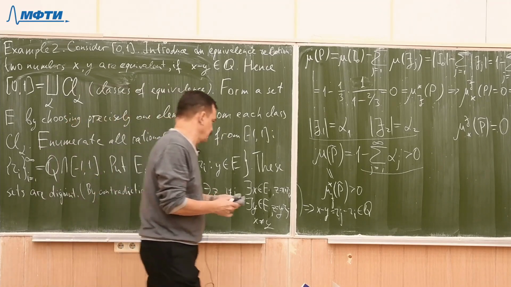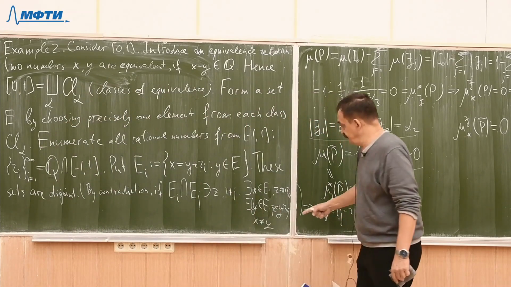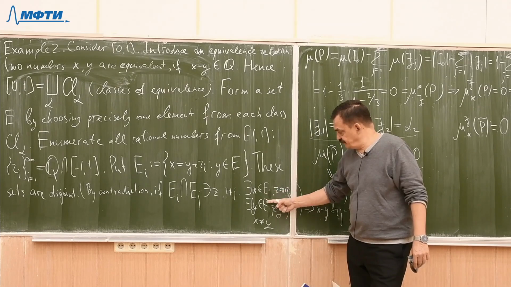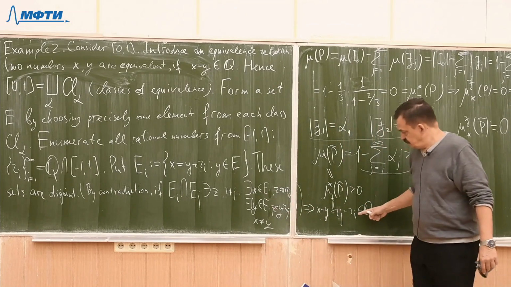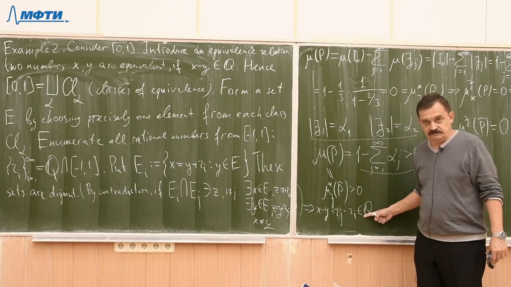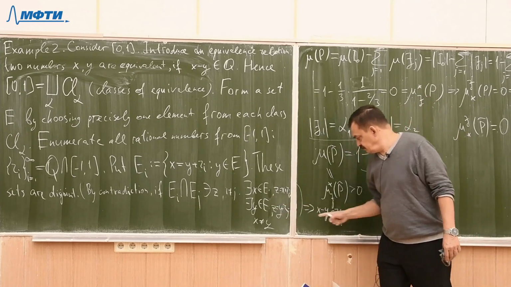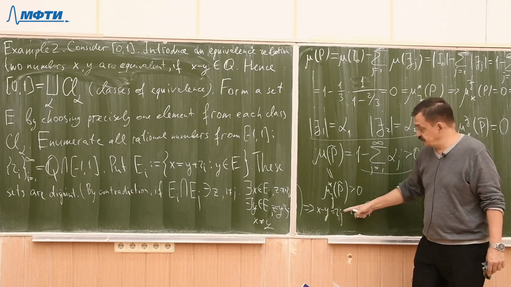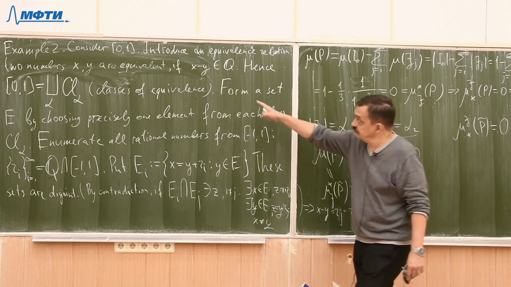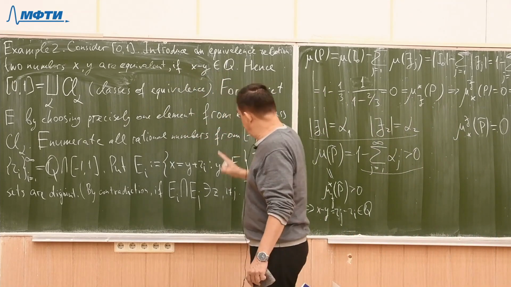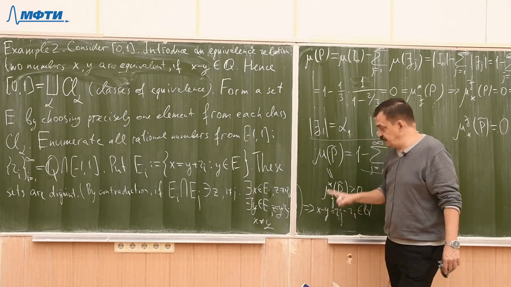And now what do we have? We have two elements of E which are equivalent because their difference is rational. It means that X and Y should be in one class.